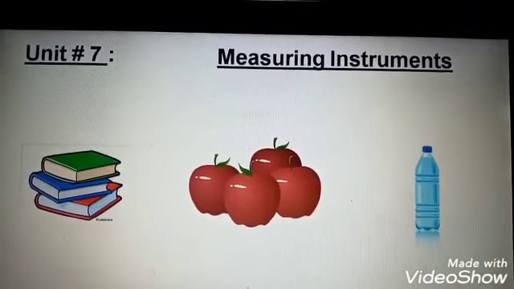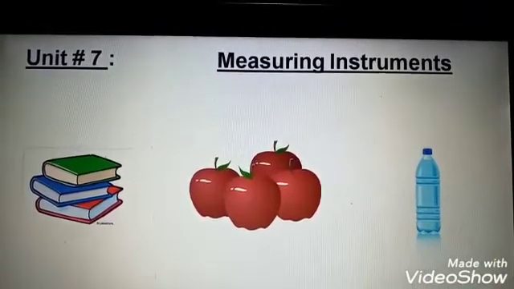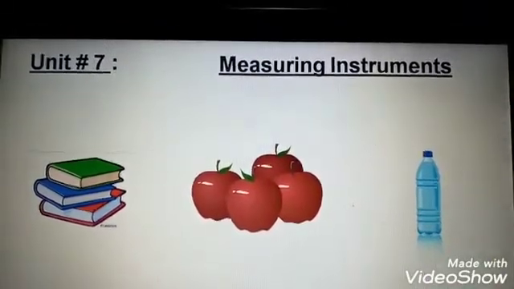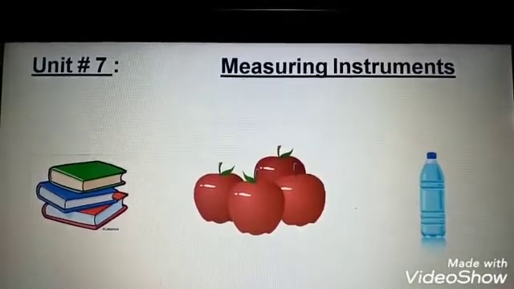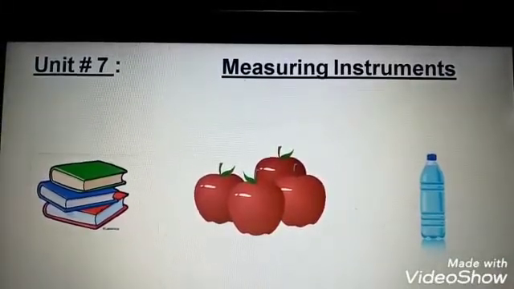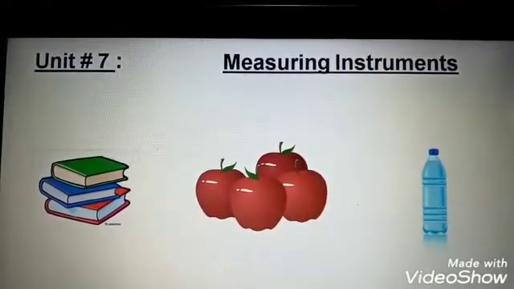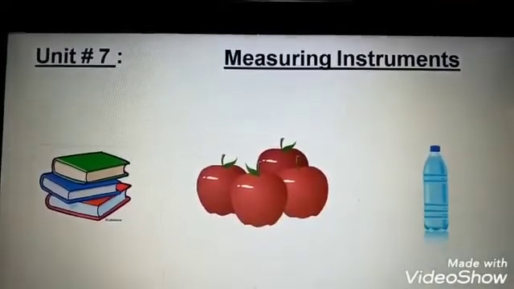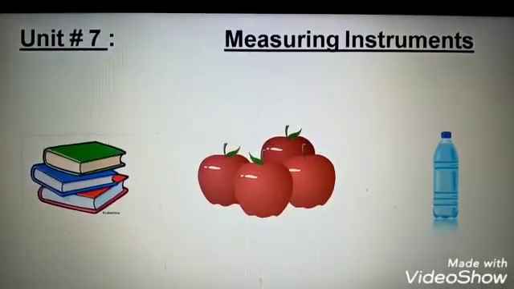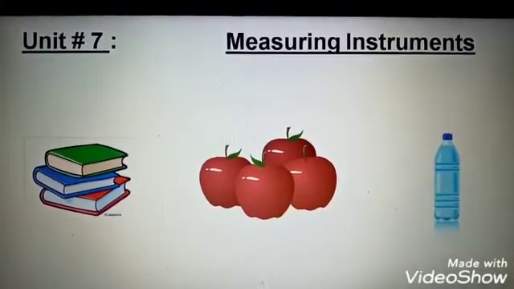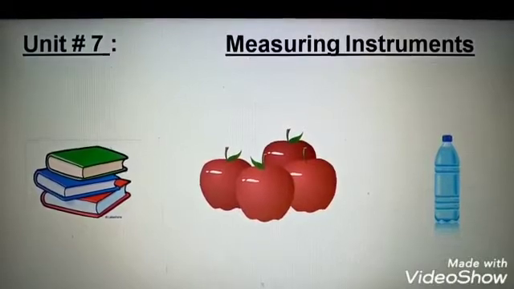Okay students, look at the 3 pictures. It's the picture of a book, an apple and a bottle of water. Now tell me, are the books heavy or the apple?